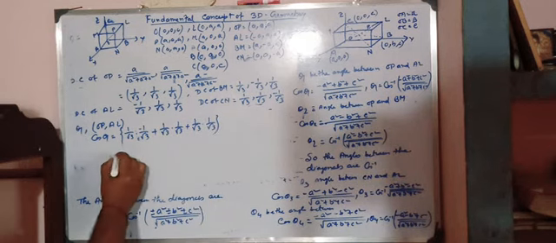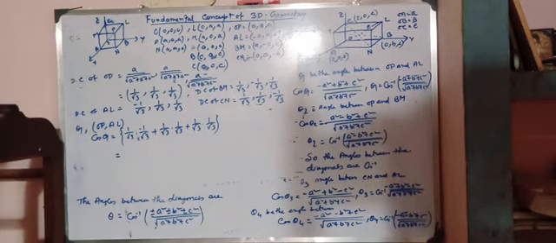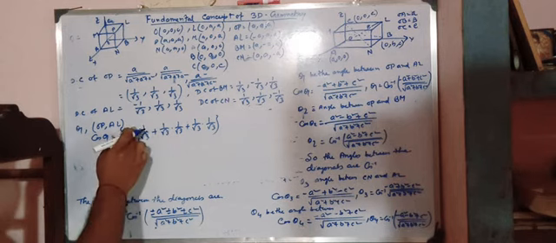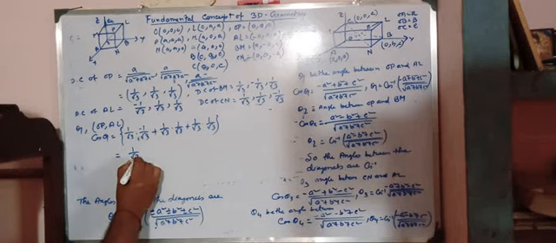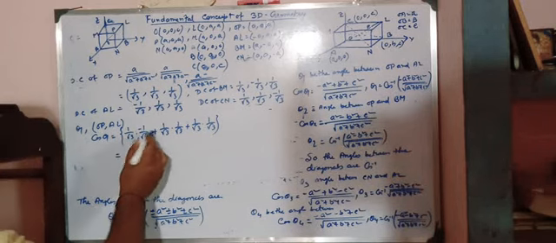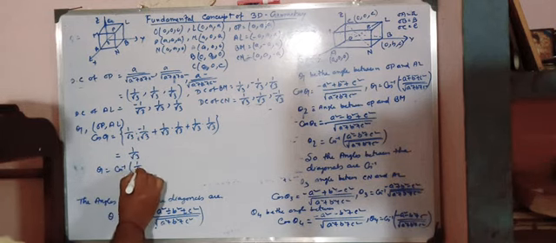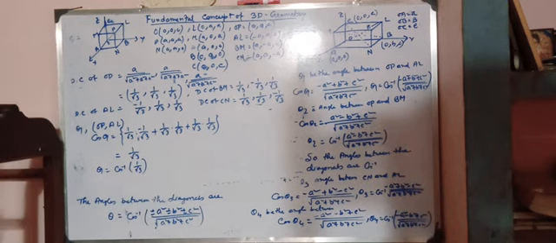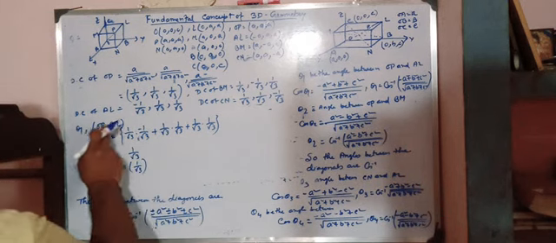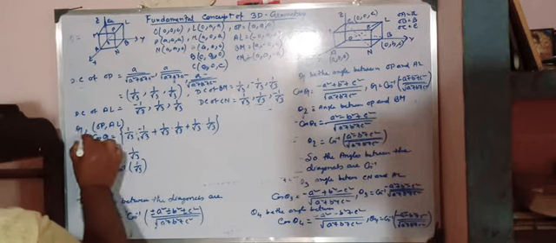Understood? So we get the result 1 by root 3, obviously, because of the minus sign, one term cancels. So theta 1 is cos inverse 1 by root 3, the angle between OP and AL.